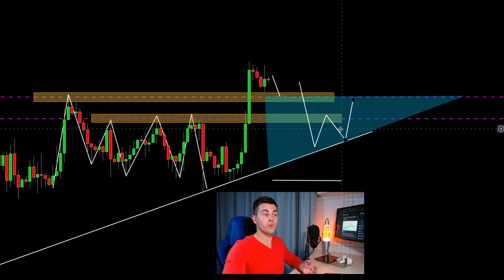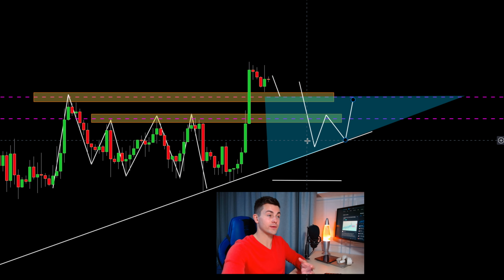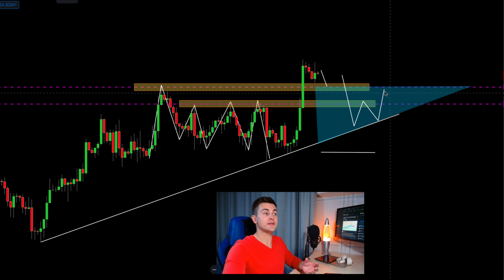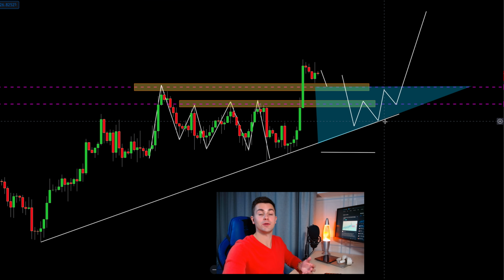I'm looking for a reversal pattern, such as a double bottom, head and shoulders, or triangle, some reversal pattern that confirms that buyers are ready to buy, that sellers are very weak, and that most likely a bullish wave is coming. And only when I see the reversal formation, only when I see the needed confirmation, I buy, and we expect a strong bullish continuation to the next strong daily structure.